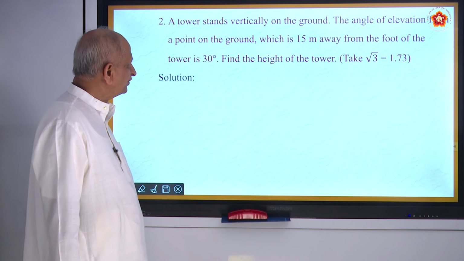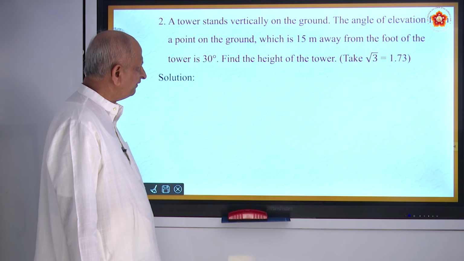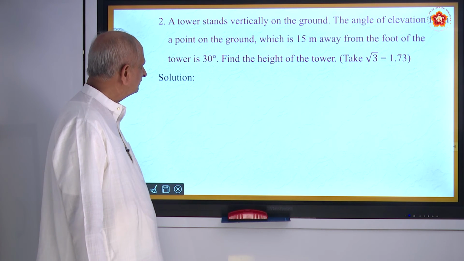A tower stands vertically on the ground. The angle of elevation from a point on the ground, which is 15 meters away from the foot of the tower, is 30 degrees.